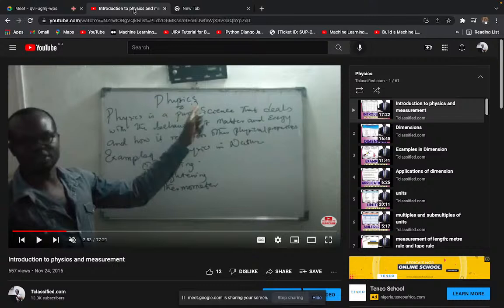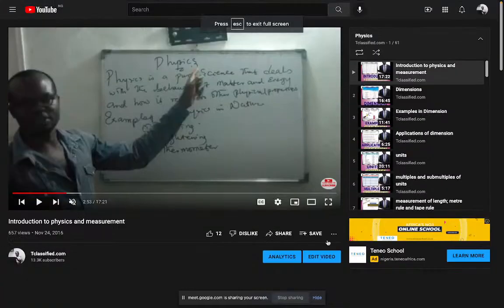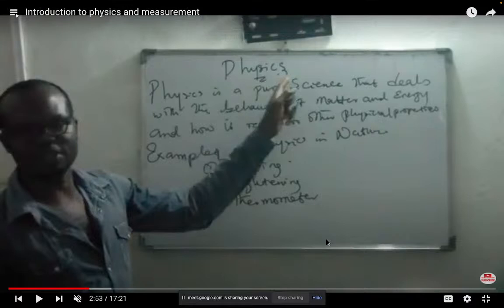What is physics? How can you describe physics? Physics is a pure science that deals with the behavior of matter and energy and how it relates to other physical properties. That is what physics is. You should know that physics is a pure science, and it deals with the behavior of matter and energy.